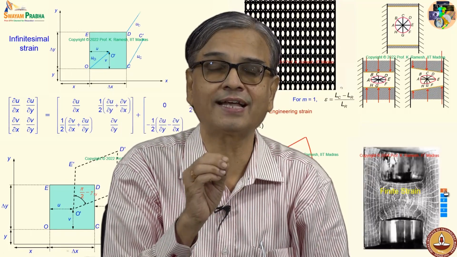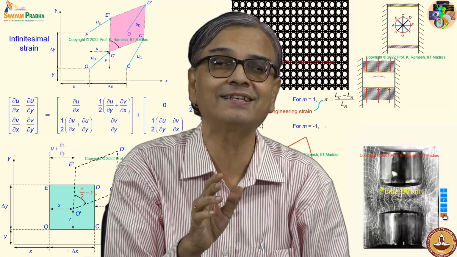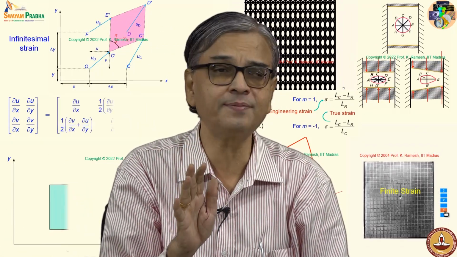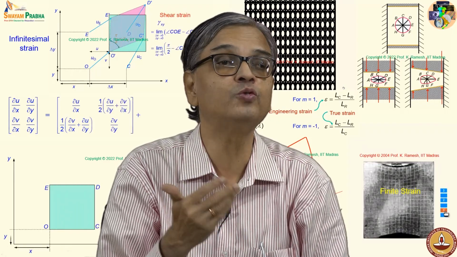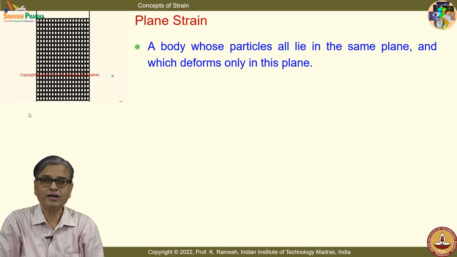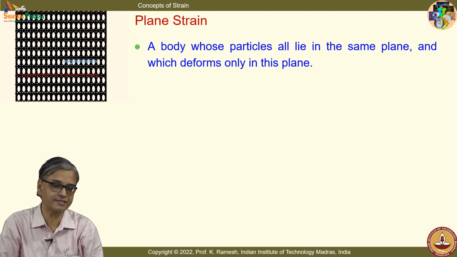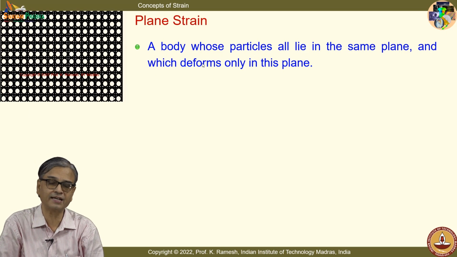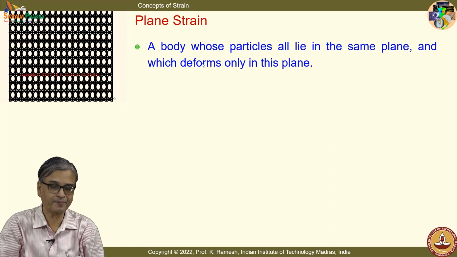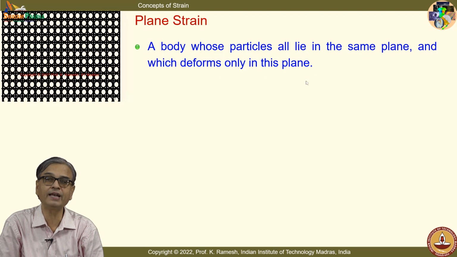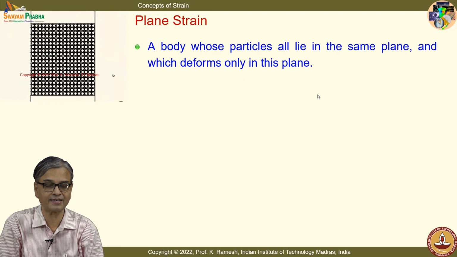What you plot in the x-axis and what you plot in the y-axis has really revolutionized understanding of concepts and also development of new entities. Now let us look at plane strain, which is defined in a very simplistic manner here. We will also see a different type of presentation later. A body whose particles lie in the same plane and which deforms only in this plane, that is what is emphasized.